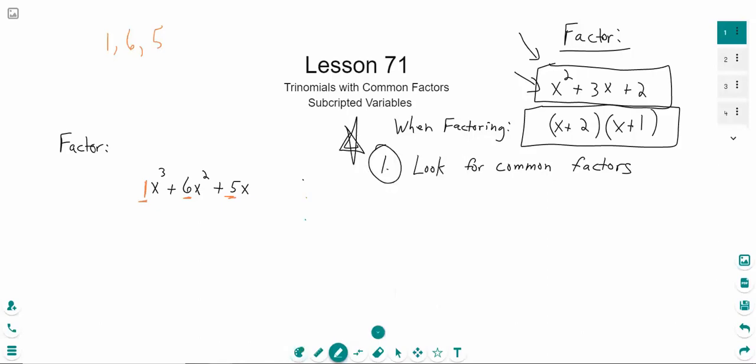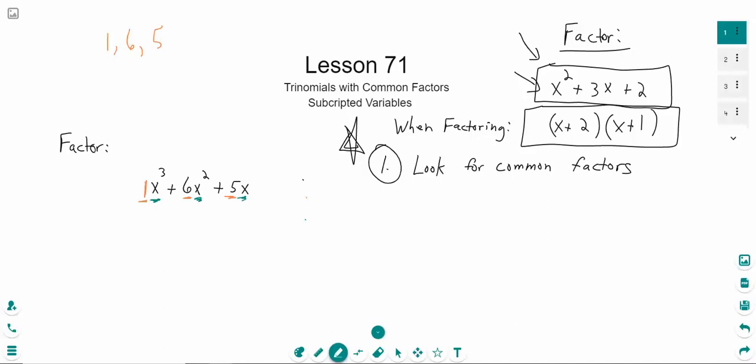Now, let's look at the variables, though. We have x here, and an x here, and an x here. So there is an x in every term in the expression. If there's an x in every term, that means that x could be factored out. We've done some work with this before. It's kind of the opposite of the distributive property. If every term has an x, you might ask yourself, how many x's are common between all of these terms?